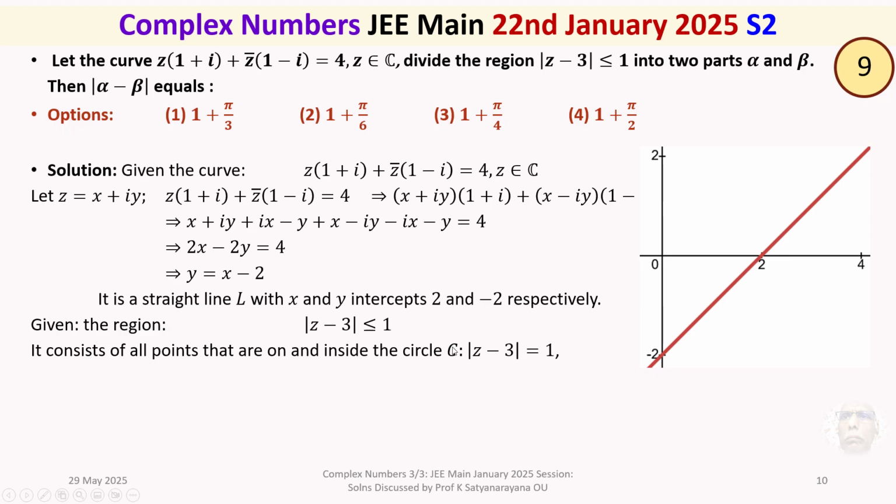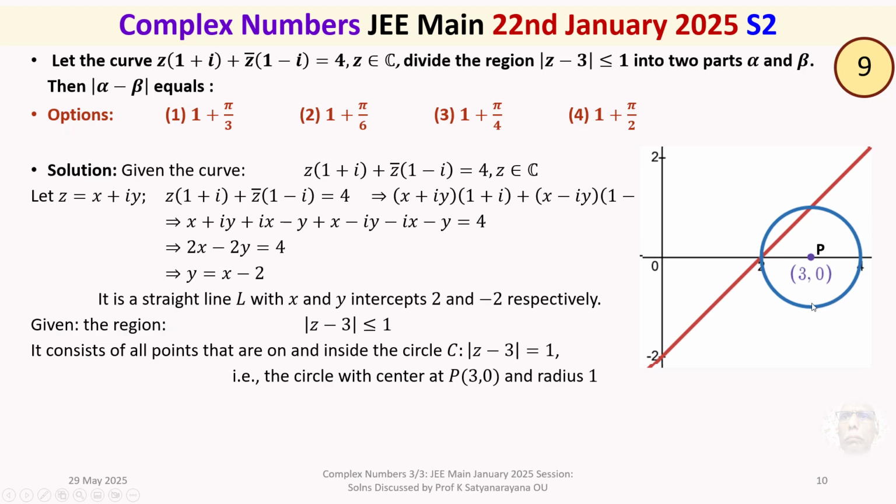What is the circle? |z − 3| = 1. It is a circle with the center P at (3, 0), center 3 and radius 1. And all those points that lie on this circle and inside the circle is the region R. So this is the one.